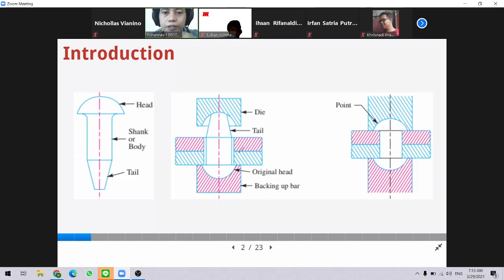In the second figure, we have two plates here. This is the first plate, which we call the adherent or substrate. That is the component that will be joined.